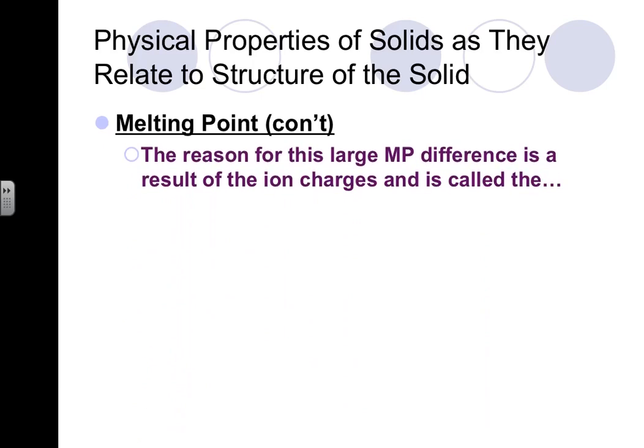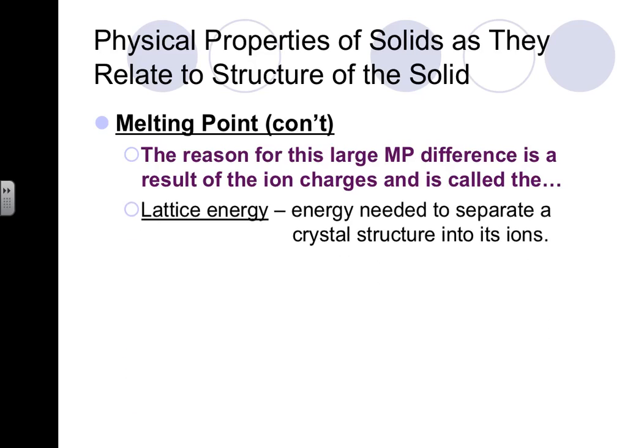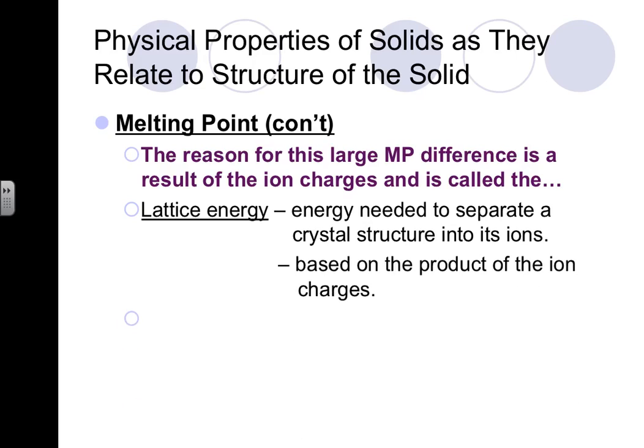The reason is there's a difference in ion charges. This is something called lattice energy. Lattice energy has to do with the energy held within the crystal structure of the solid, the energy needed to separate a crystal structure into its ions. So we're going back to thinking about ions. It's based on the product of the ion charges.